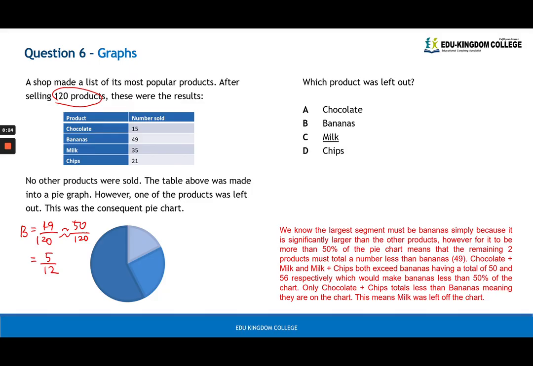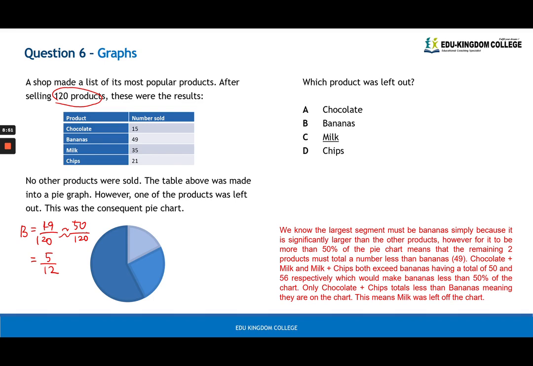You might know that 6 over 12 is half, so 5 over 12 is a pretty big proportion, yeah? But it's not more than 50% of the chart, okay? And that means that the remaining 2 products must have a total number less than the bananas.